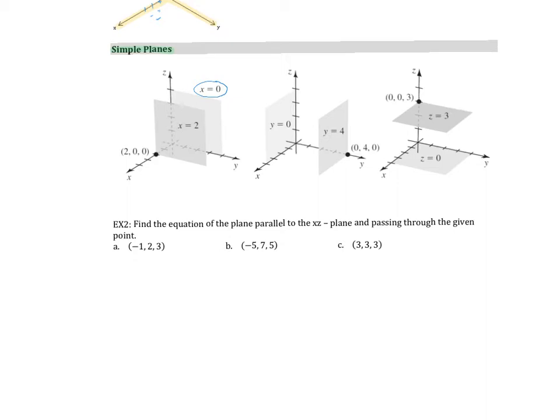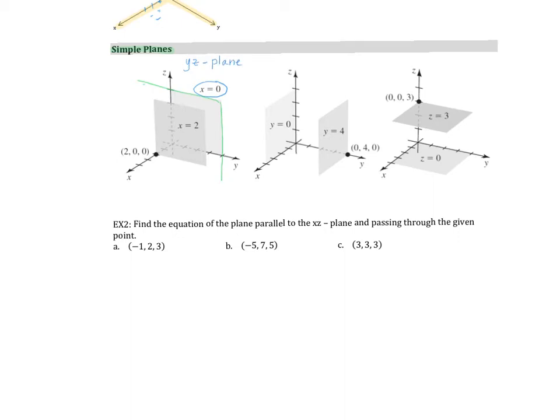Notice that this plane is going to cross over the z-axis, and it's also going to cross over the y-axis. Because z and y can be anything, and this plane crosses the z-axis and the y-axis, we actually call this the yz-plane.